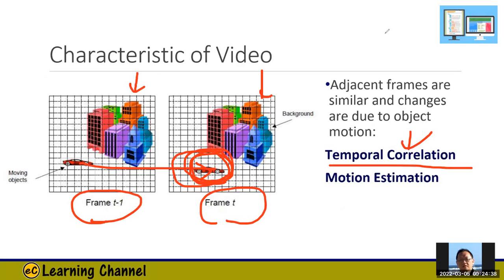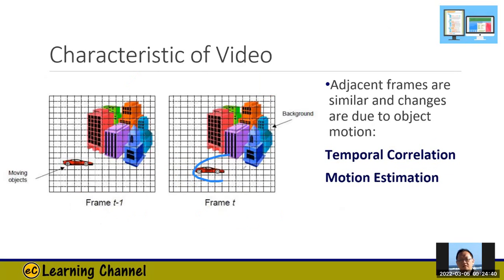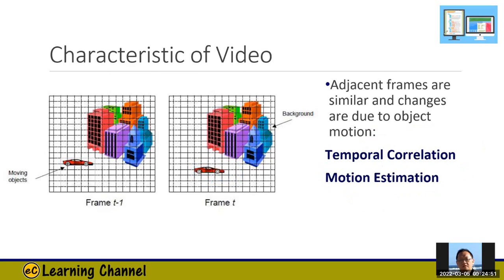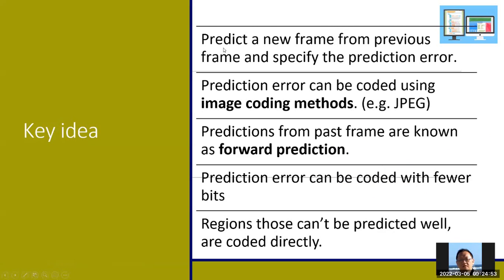Only the car is moving. That's called temporal correlation, and sometimes we also call it motion estimation. You need to find out the difference between the frames, so we predict some frame using some other frame.